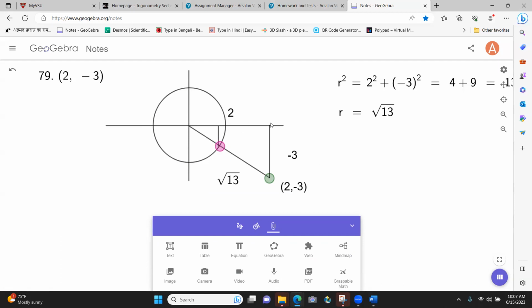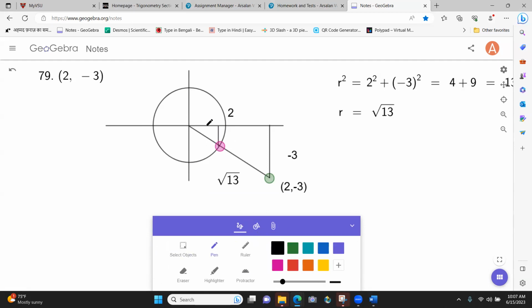So I'm going to take this big line divided by the square root of 13. I'll get this tiny line here. If this is negative 3, I'll take negative 3 and divide it by the square root of 13. I'll get the value of this here. And I'm going to write it carefully as follows.